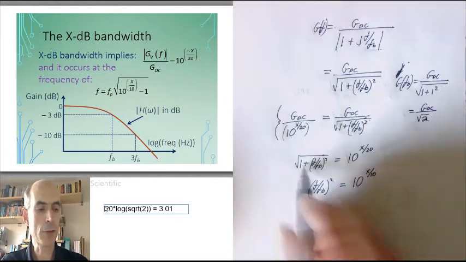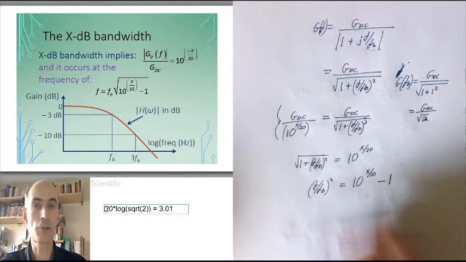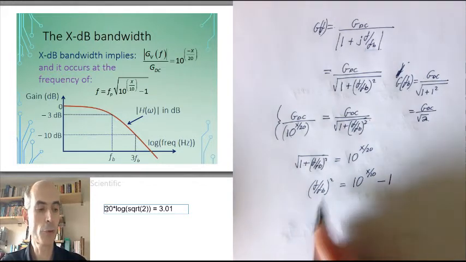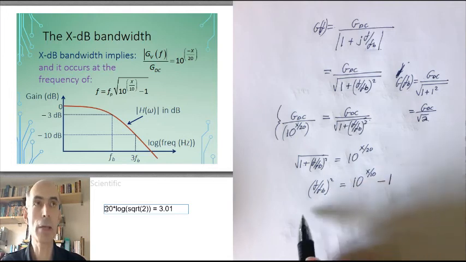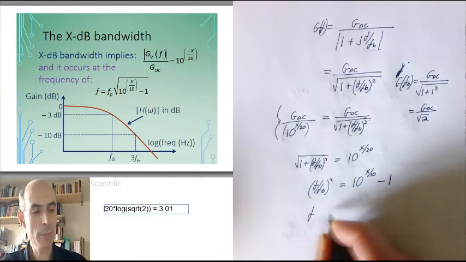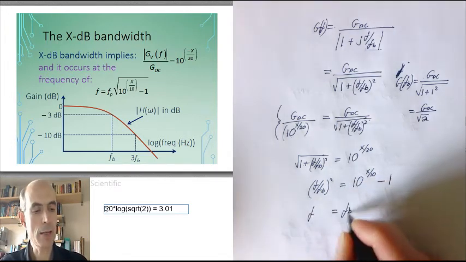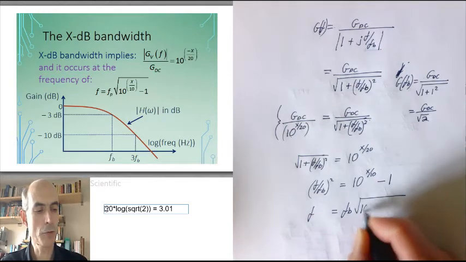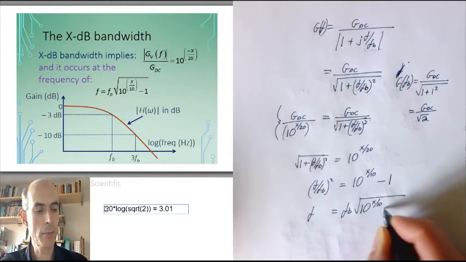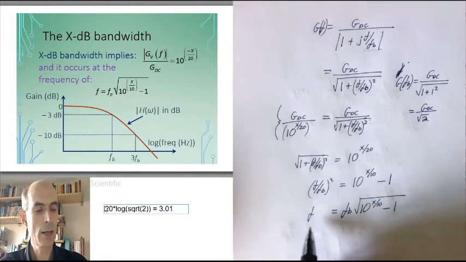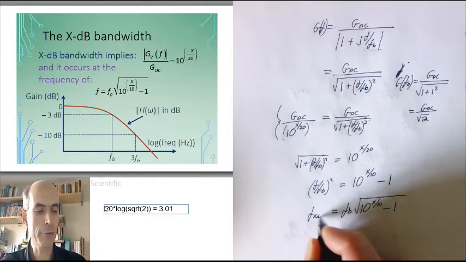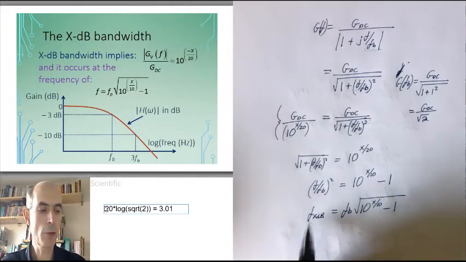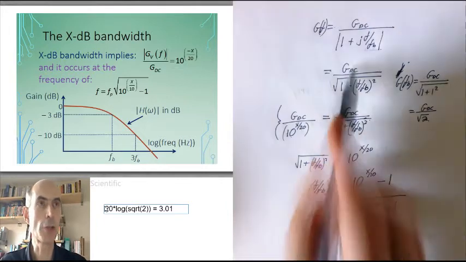And then if I subtract 1 from this side, I will get this. Take the square root of both sides and multiply up by FB, and I get F is equal to FB times the square root of 10 to the power of X over 10 minus 1. And this is my X dB bandwidth. I'll call it F X dB, the frequency at which the gain has dropped by X dBs from its low frequency value.